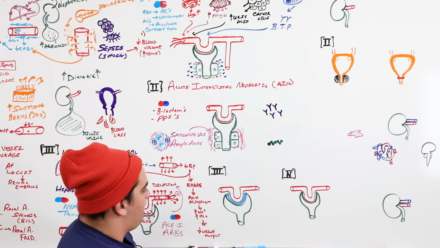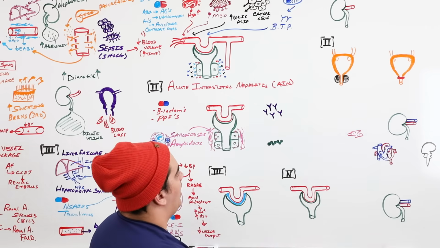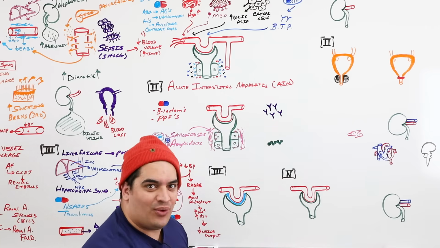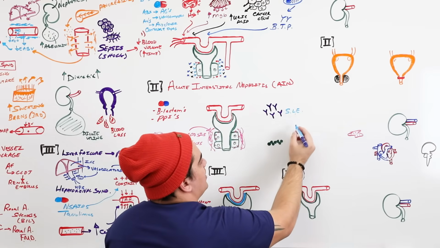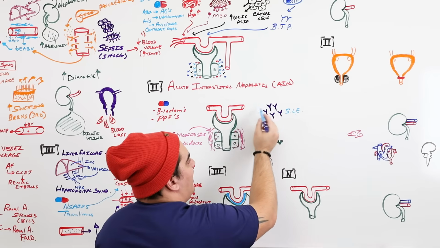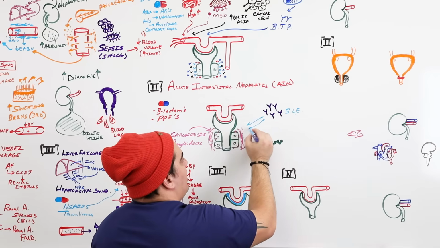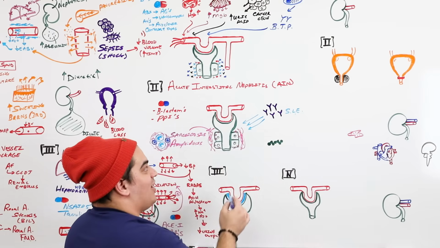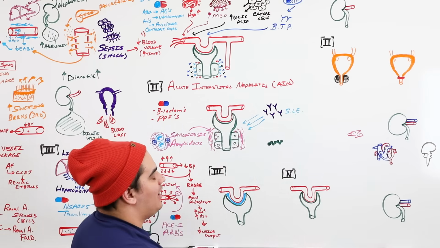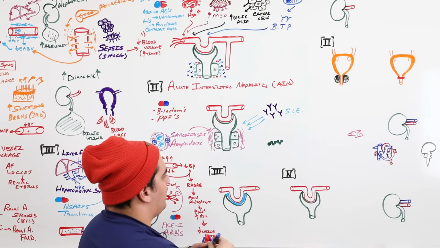You know, there's another group where patients have a lot of autoimmune disorders. There's a condition called systemic lupus erythematosus, right? In this kind of condition, they have lots of antibodies, and these antibodies can cause damage to the tubular cells and cause inflammation around the interstitium. And even another condition called Sjogren syndrome, right?